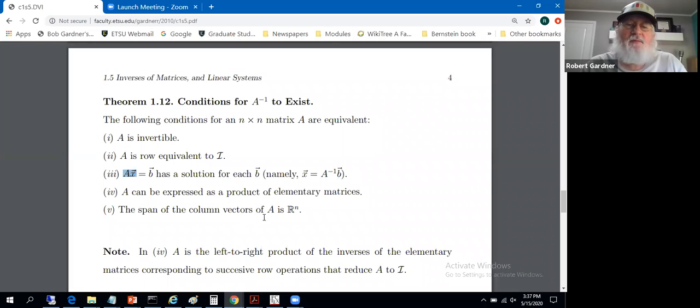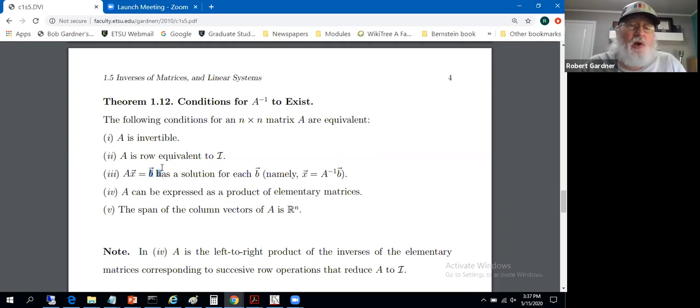But the span of the column vectors of A, the collection of all linear combinations of the columns of matrix A, and we can produce those linear combinations by varying vector X, can be made to be anything in Rn. In other words, the span of the column vectors of A is all of Rn.